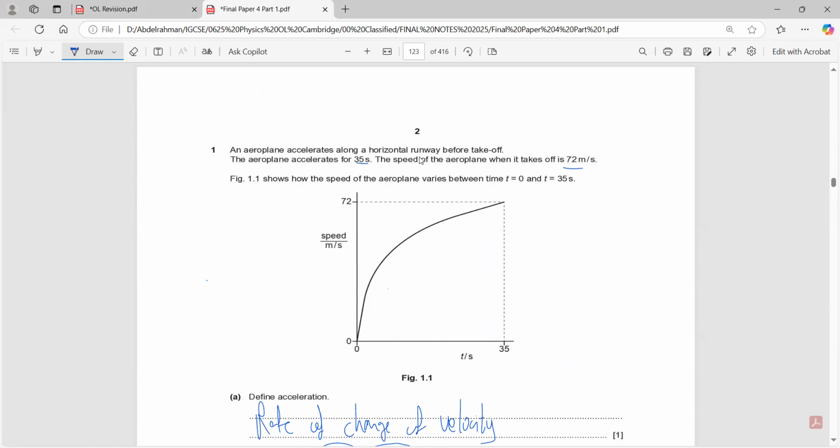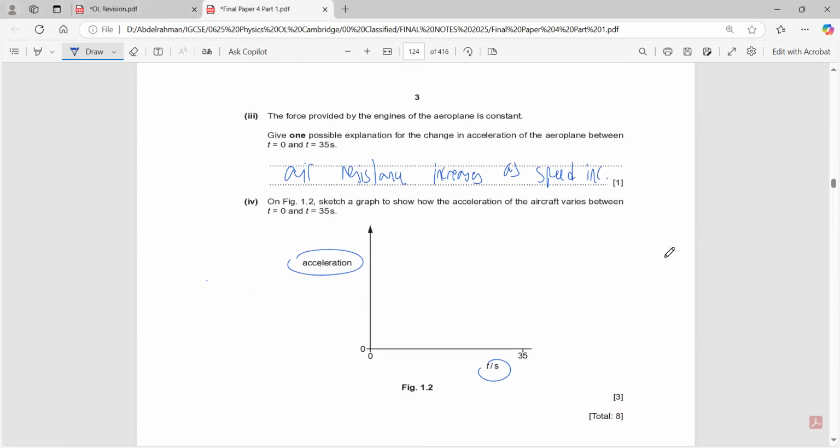What's happening to acceleration? It decreases. Initially, he had a constant acceleration.